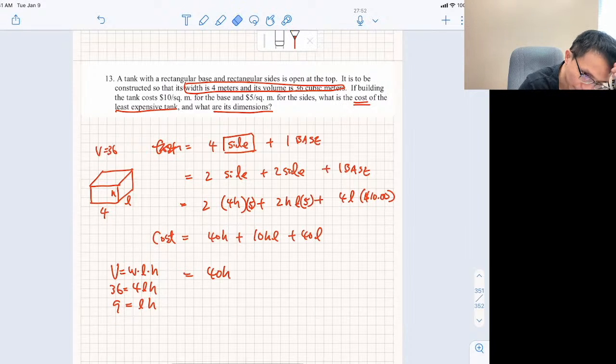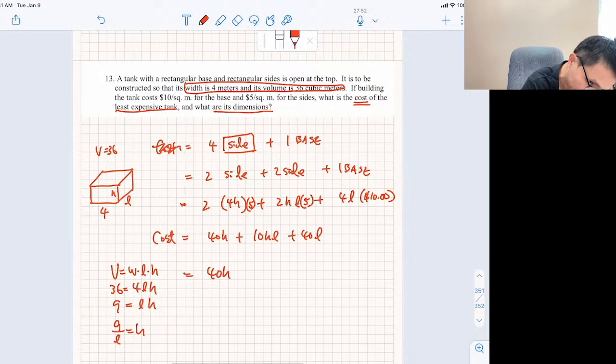Let me see what I want to solve for. It doesn't matter actually, I'm just going to do 9 over L is equal to H.